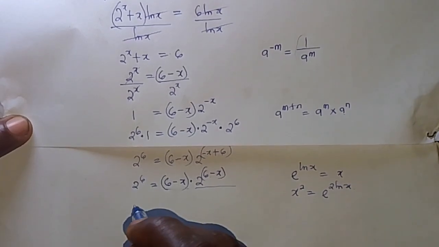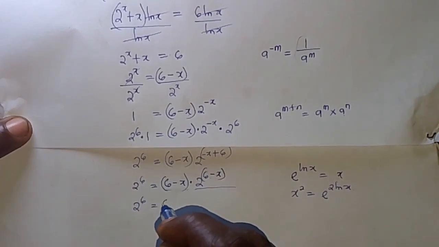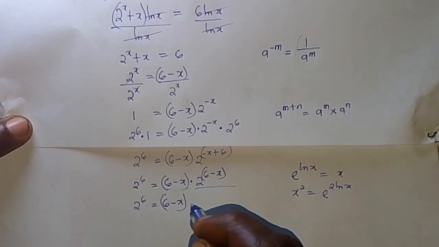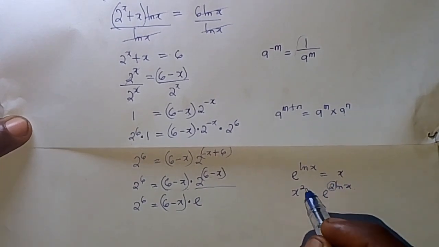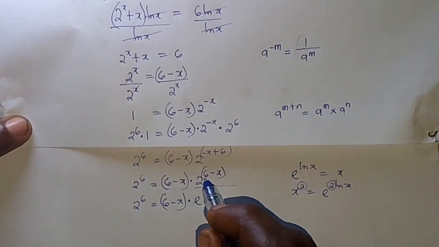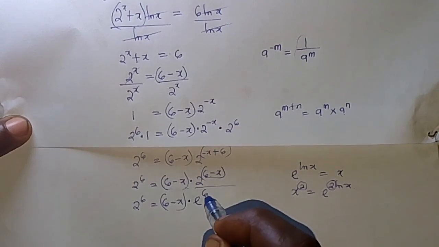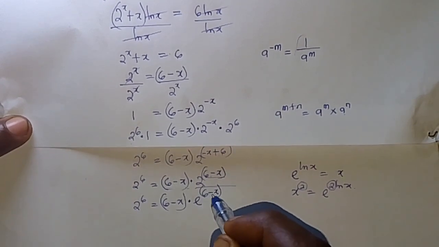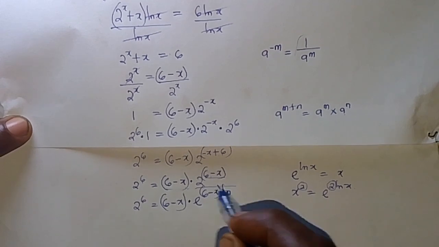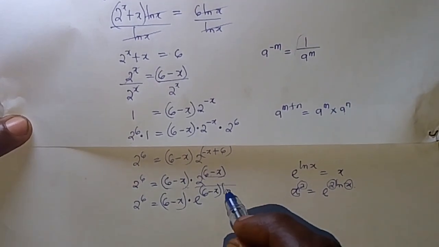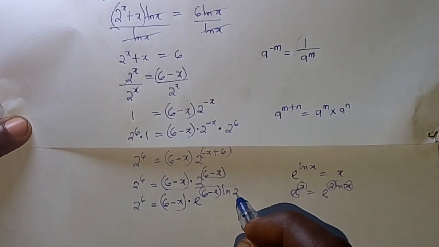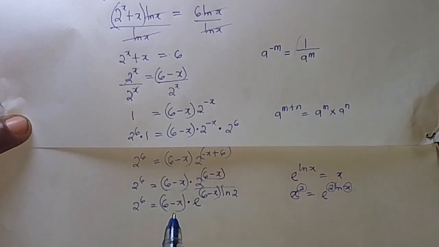So we'll be having 2 to the power of 6 minus x equals e to the power of the exponent, which is 6 minus x, multiplied by the ln of the base. The base here is 2. So this is what we are having at this point.